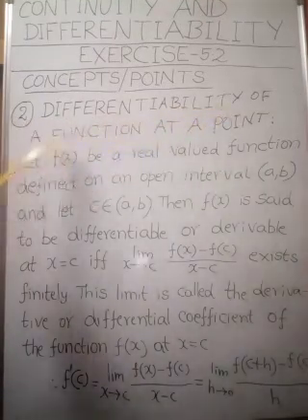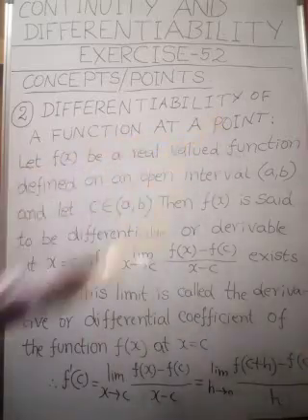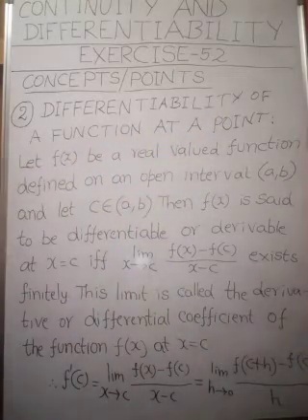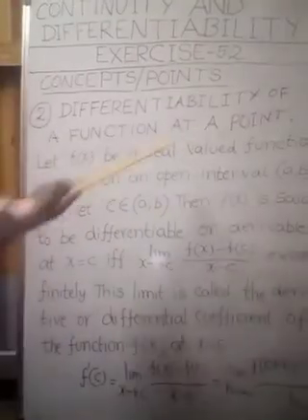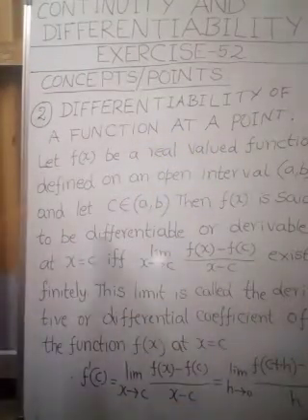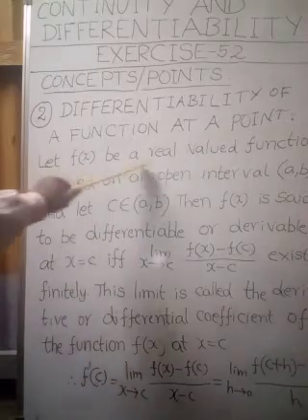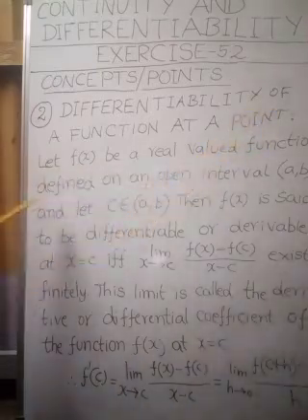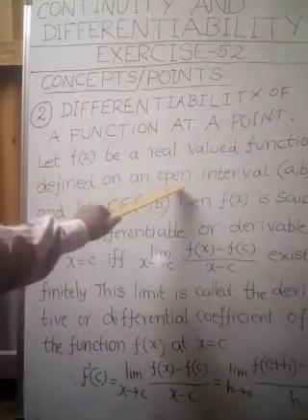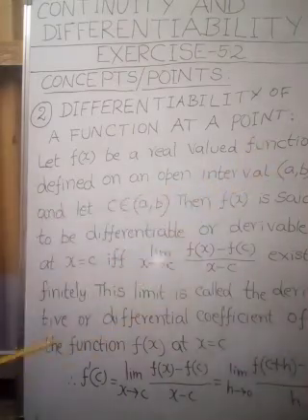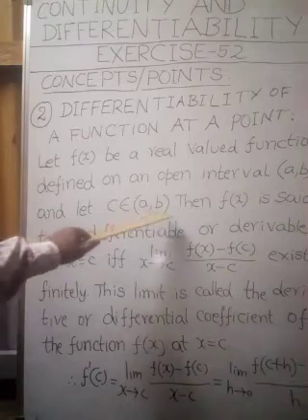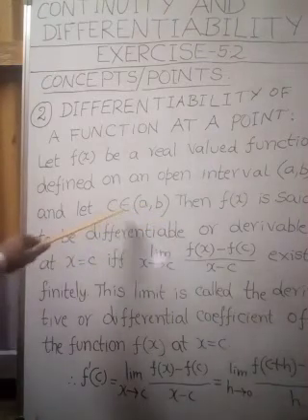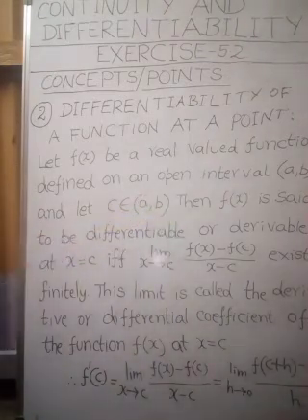Differentiability of a function at a point. What is meant by differentiability of a function at a given point? See here, let f of x be a real valued function defined on an open interval a comma b, and let c belong to the open interval a comma b. C is a point lying between this interval.